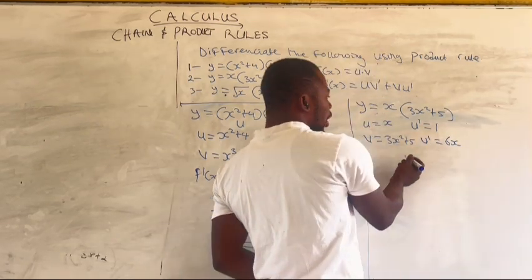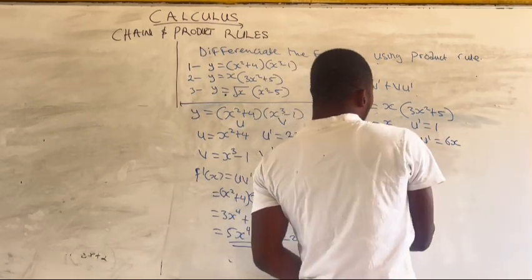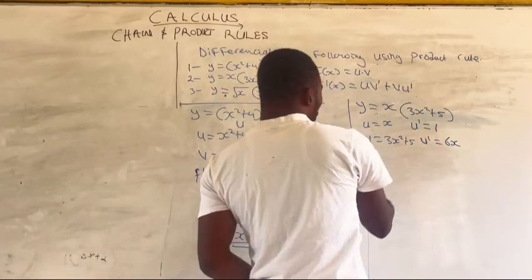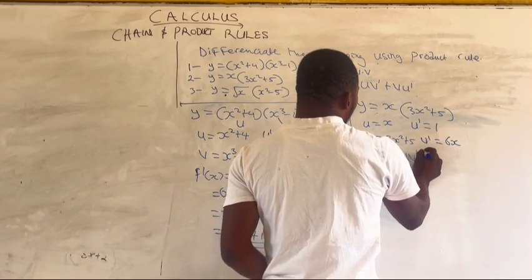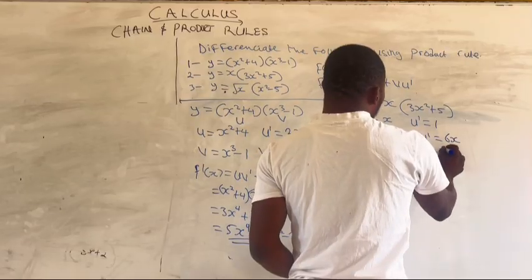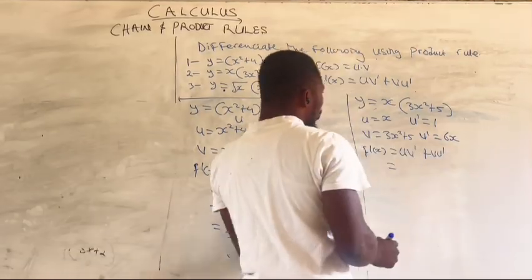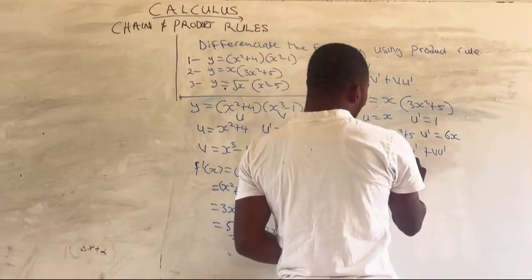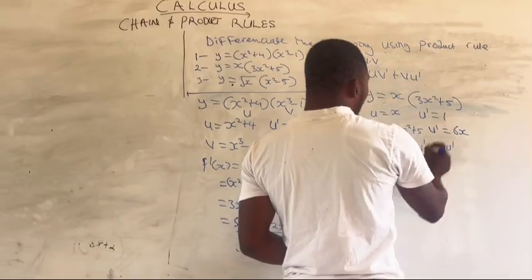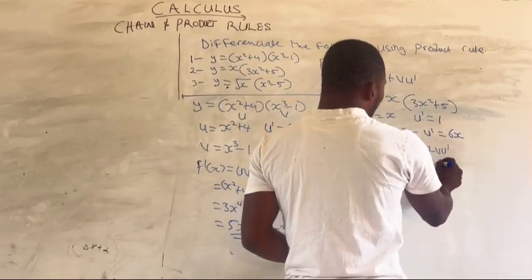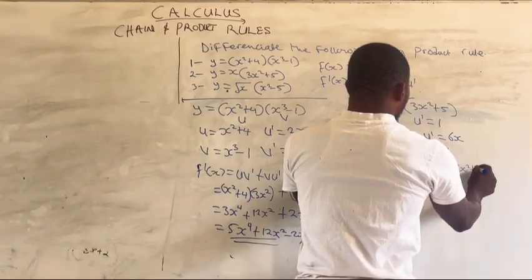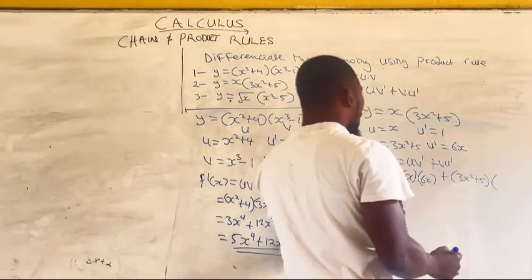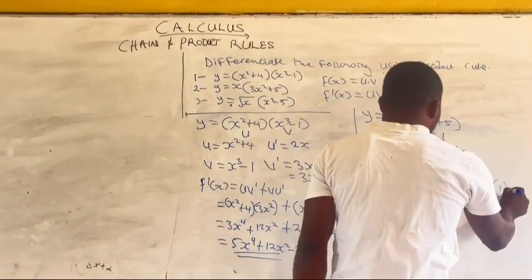If you differentiate any constant number, you get 0. So inserting them in our formula, f prime of x equals u v prime plus v u prime, which equals our u, x, multiplied by our v prime, 6x, plus our v, 3x squared plus 5, multiplied by our u prime, which is 1.